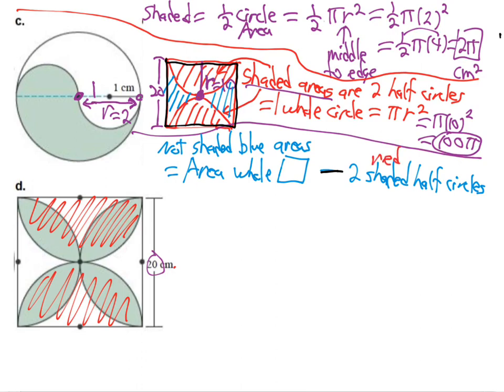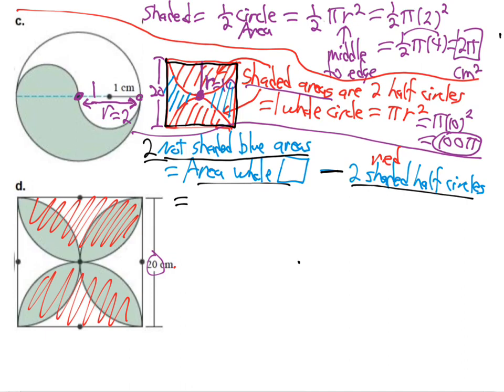The difference is going to be those two blue not shaded areas. The two not shaded blue areas must be the area of the whole square, take away the two red shaded half circles. The difference will be those two blue not shaded areas.